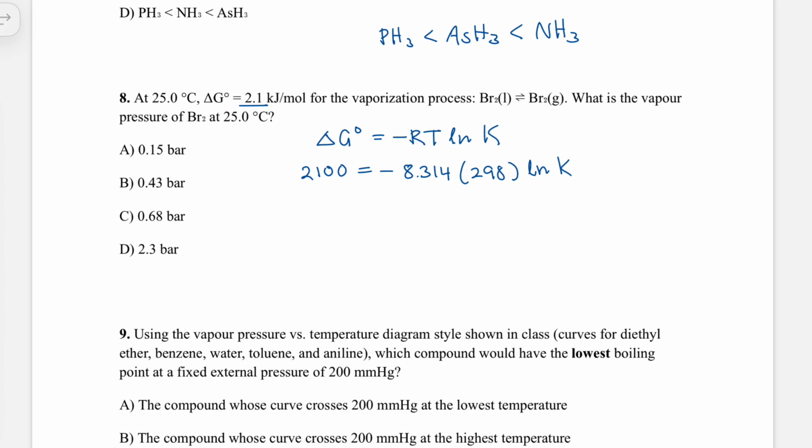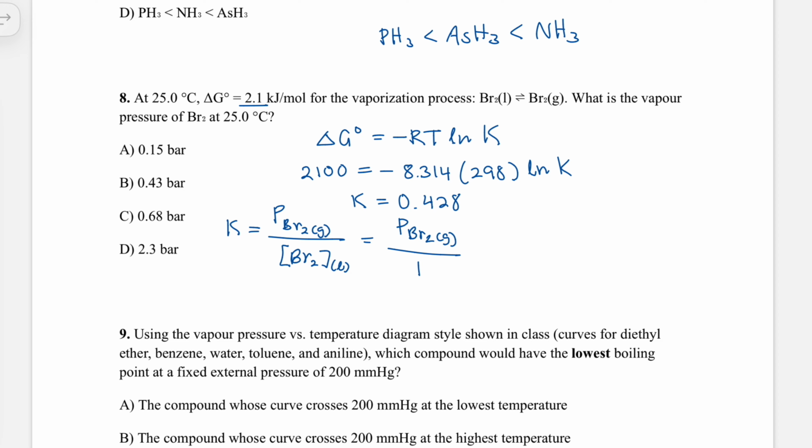And then what is K? K is products over reactants. So it's the pressure of the gas over the concentration of the liquid. And then this is just partial pressure of the gas over 1, because as we learned, this is in standard state, so we just put 1 over here.